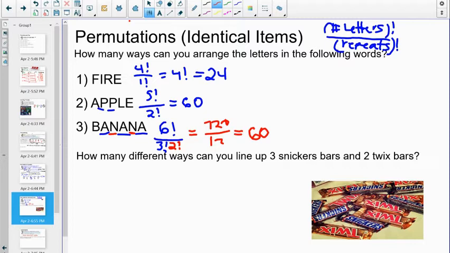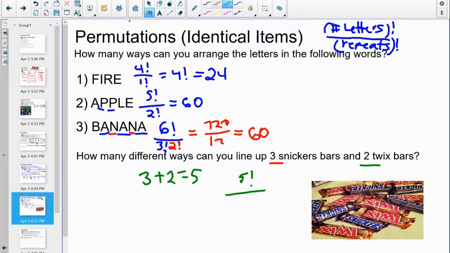Now, how many different ways can you line up 3 Snickers bars and 2 Twix bars? If we have 3 Snickers bars and 2 Twix bars, we know 3 plus 2 is 5, so that's how many total candy bars we have. So we have 5 factorial over, let's think of our repeats.